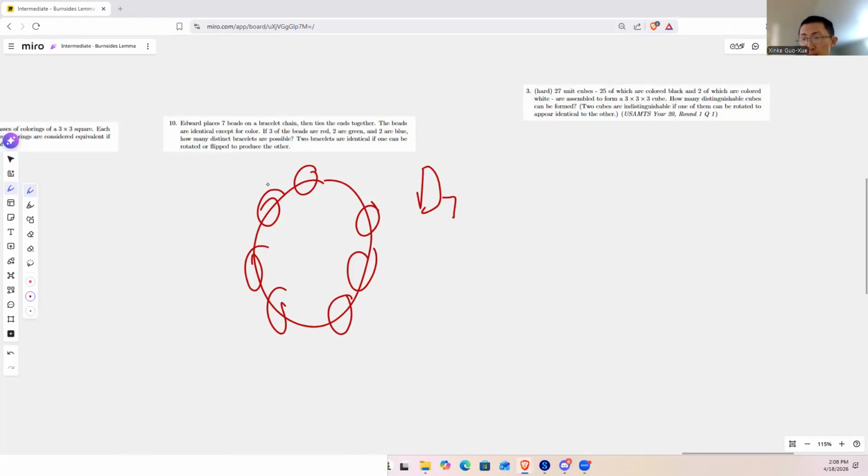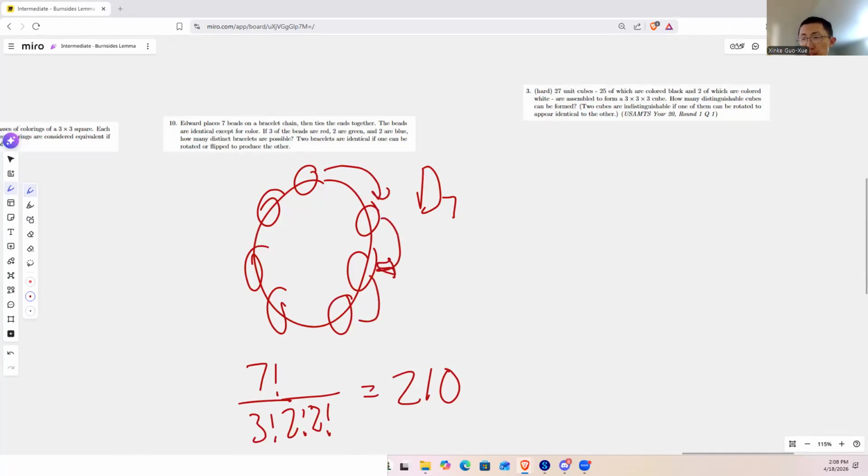The identity will fix 7 factorial over 3 factorial, 2 factorial, 2 factorial. And then if we rotate by 1/7 of a circle, so this goes here, and so on, this will fix nothing, because everything would have to be the same color, but we have 3 different colors.